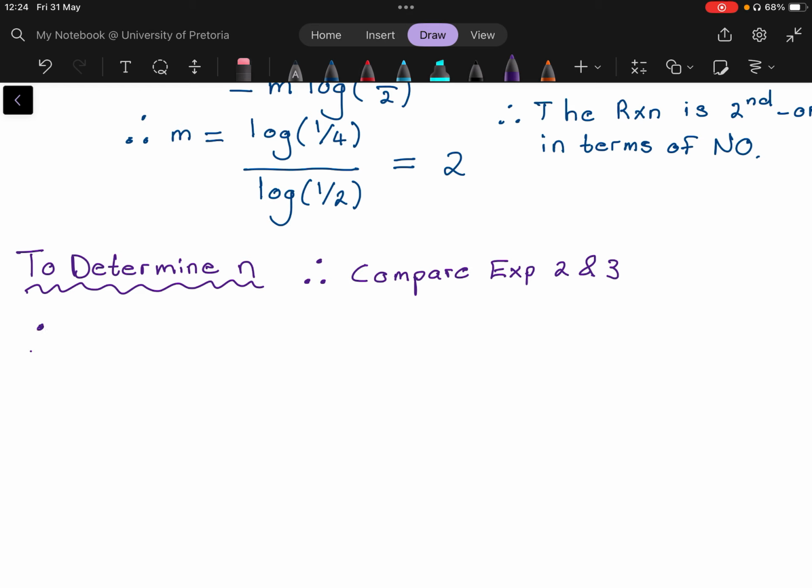So you go through the whole thing again, and now you say rate of, you can write everything out, but you can also just say rate 2 or whatever you want to say, however you want to write it. There is a symbol that you can use. You can define it as a symbol. Rate of experiment 3.